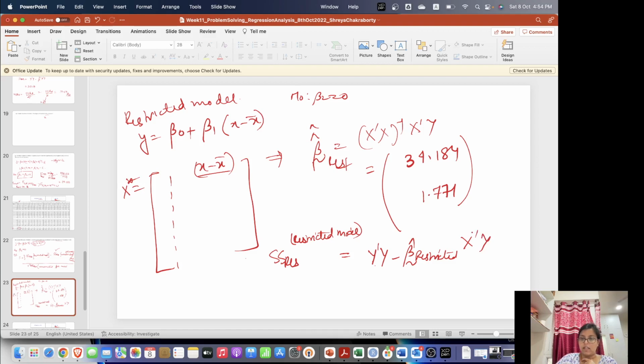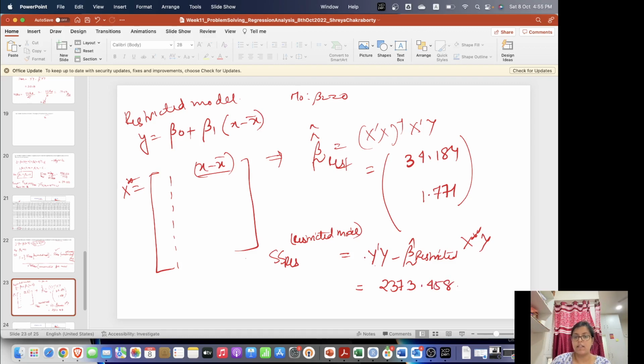Let me write just x star, where x star is the model matrix for the restricted model. So if we do this calculation, then we would get it to be something like 2373.458.